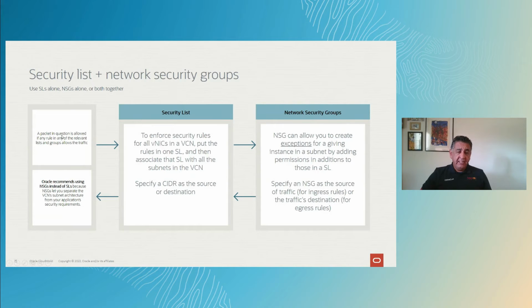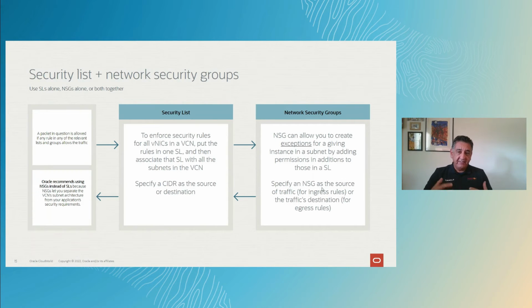Now, the security list applies to and is enforced at the VNIC level for all nodes on the subnet. Network security groups allow you to create exceptions, as I was explaining, and you can specify the network security group of the source of traffic for another network security group. This is unique to the network security group.